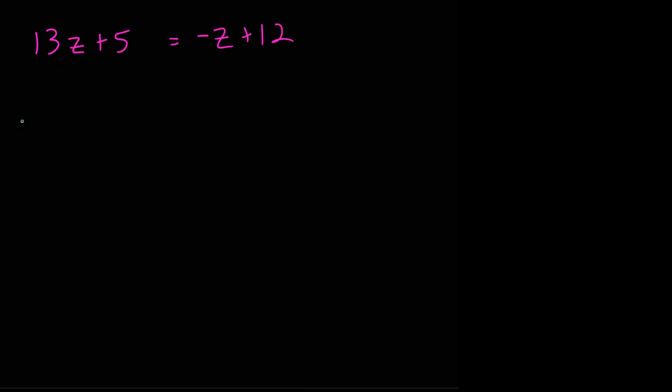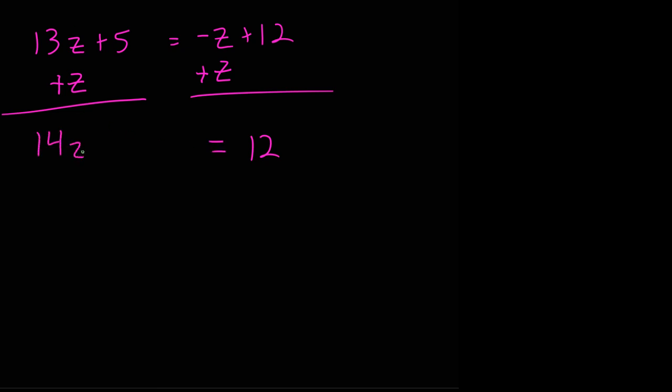So I wouldn't want my variable to be on my left-hand side here. That means I have to get rid of this one. Well, if this is negative z, to get rid of it, I add a z. Oh, I said z instead of z. I've been in America too long. And whatever I do to one side, I do to the other. So over here, that leaves me with 12 on my right-hand side. And here I get 14z plus 5.